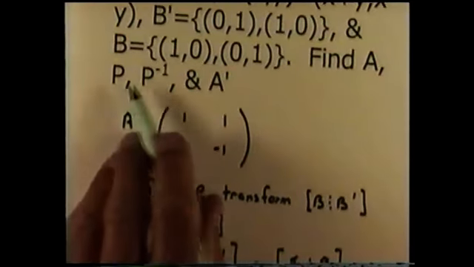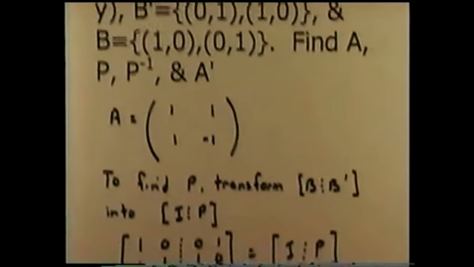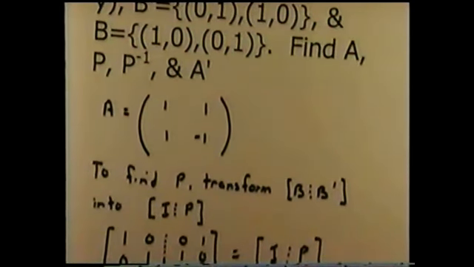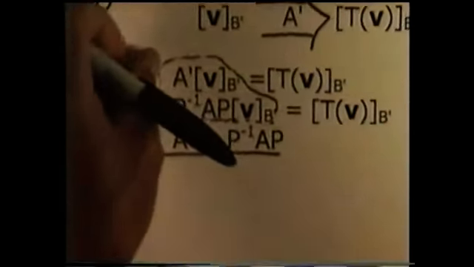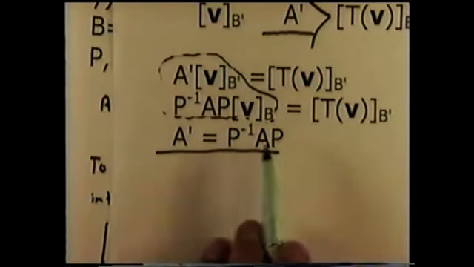So I said in the example, find A, find P inverse, and now find A prime. Well, we can use what we deduced earlier to get A prime. A prime is P inverse AP.